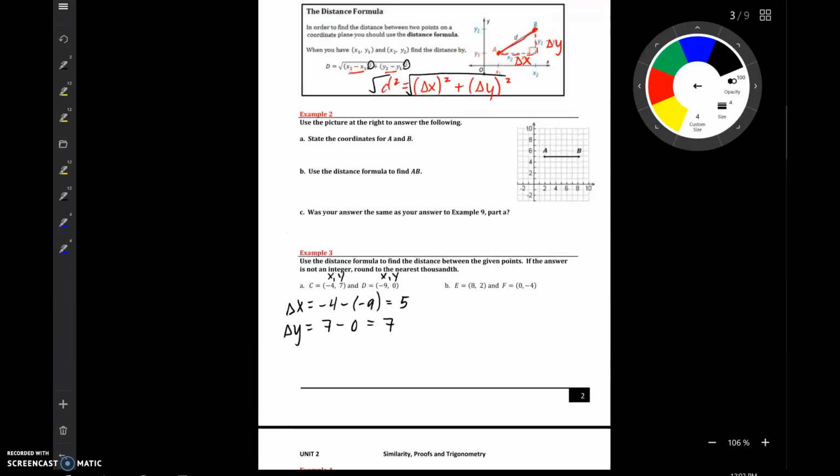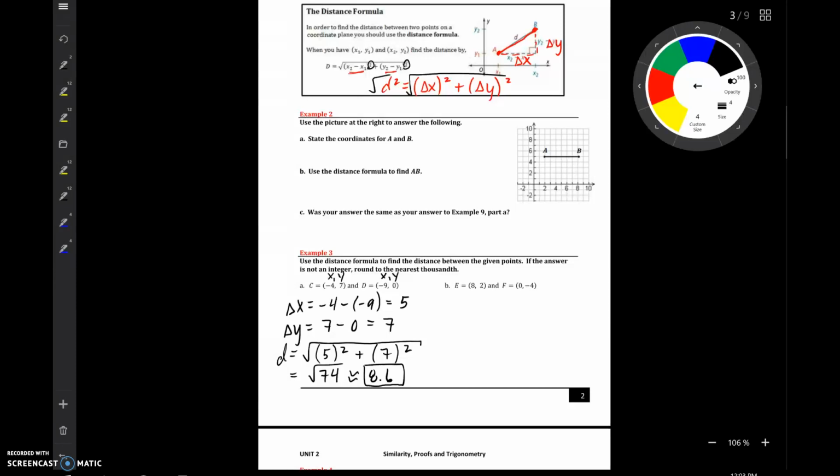So if I think about my distance formula in terms of the slope triangle, then my distance would be the square root of delta x quantity squared plus delta y quantity squared. Okay, plugging this into a calculator, and I get 25 plus 49. So I get the square root of 74. And that would give me, and I know it says nearest thousandth, but we'll round it to the nearest tenth. So the distance between those 2 points, 8.6 units.